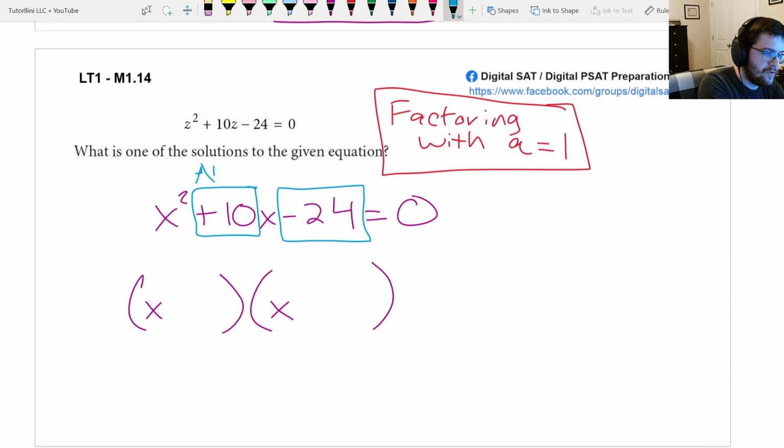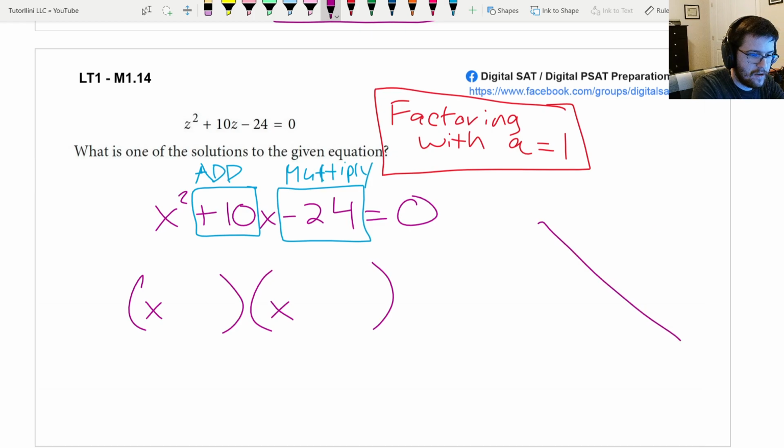You have to come up with two numbers that add to 10 and multiply to negative 24. Once you do this many times, you can just do this in your head, but I like to make a little cross over here.